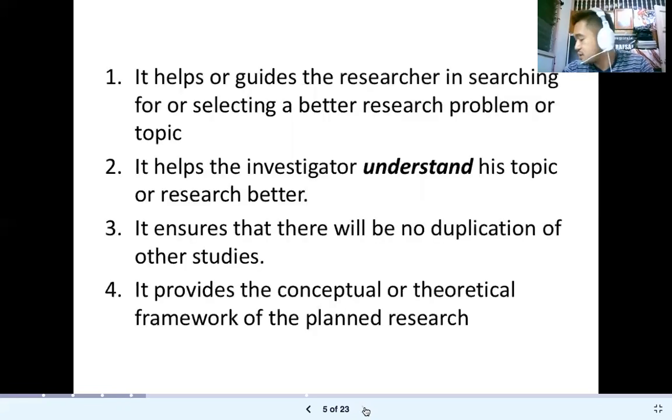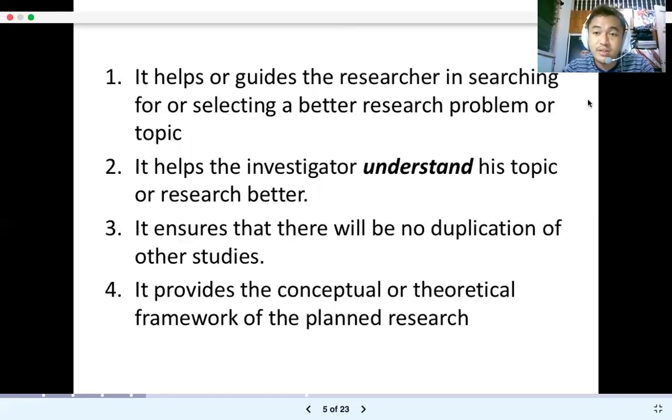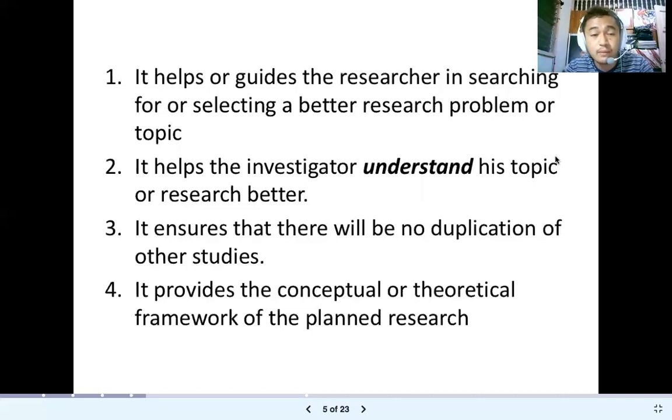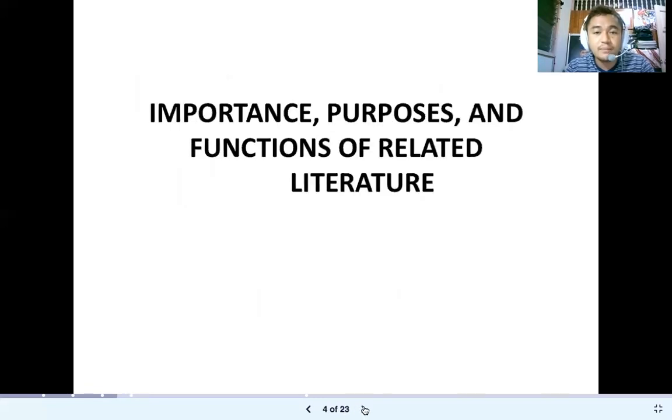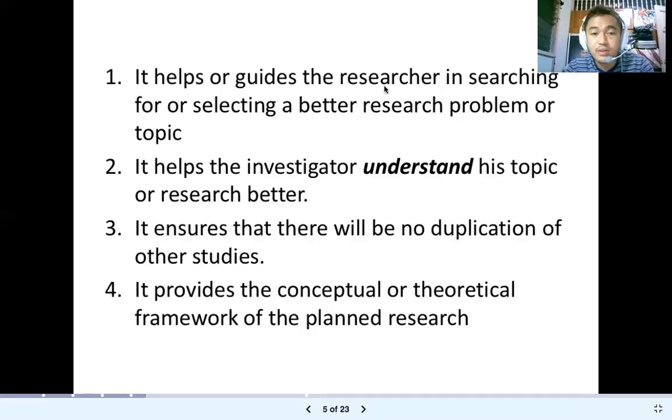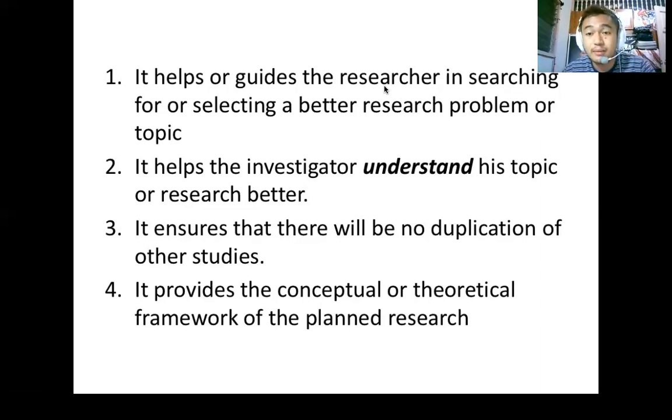Now, research helps or guides the researcher in searching for and selecting a better research problem or topic. Do not always forget that with this RRL, you will be better at selecting a research problem or topic. Because when we speak of the RRL, this means you have to read more about books, references, even on the internet.